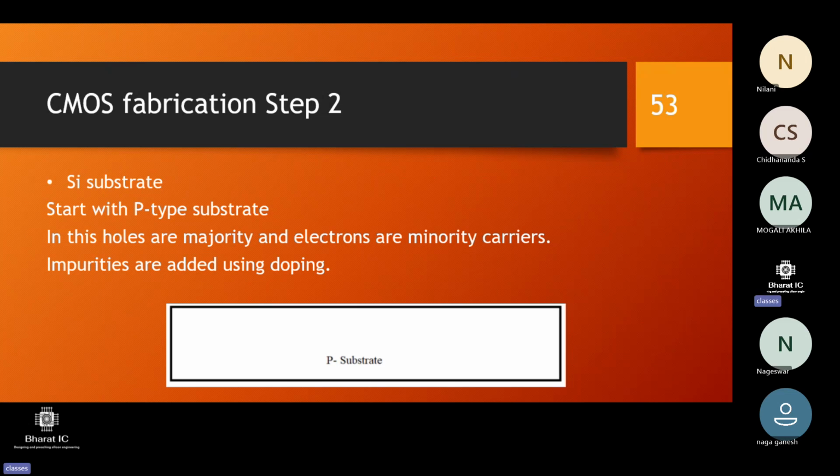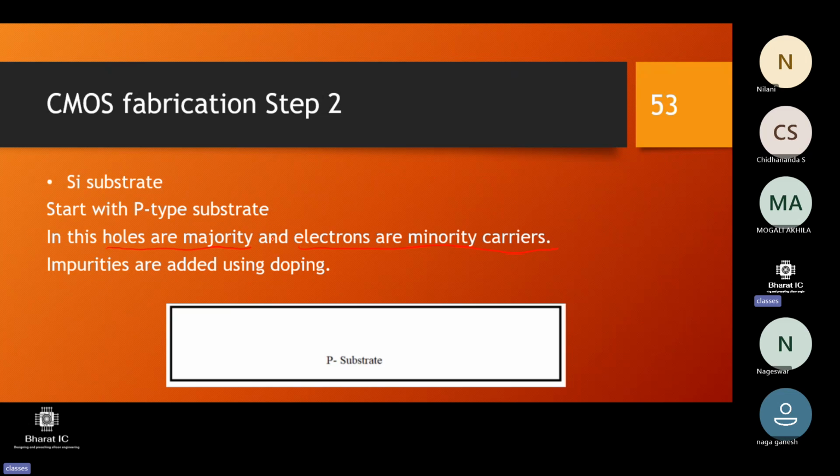Now the substrate, how it is prepared. We generally start with a p-type substrate only, in which holes are majority and electrons are minority carriers. You need to remember this: holes are majority and electrons are minority carriers in the p-type substrate. If someone asks you, you have to explain this.